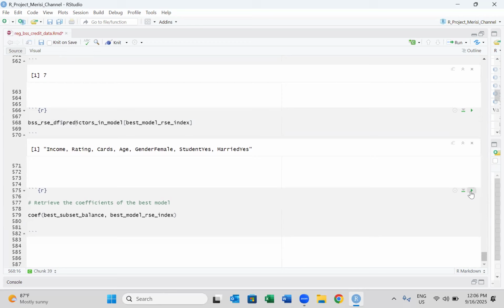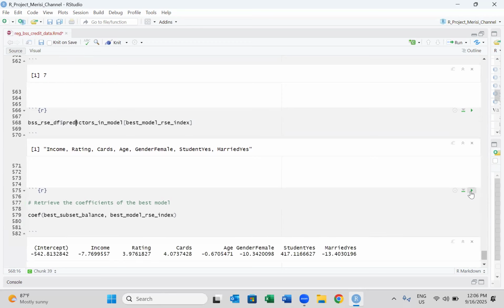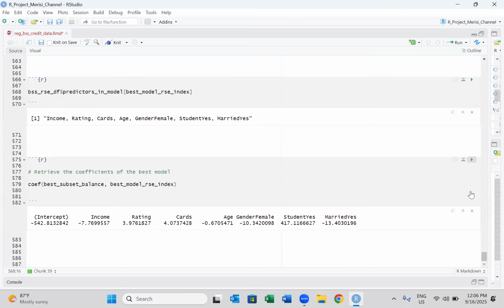Those are the coefficients for those 7 predictors. So again, what you conclude here is that after applying best subset selection based on RSE, the proposed final regression solution is the one that includes these 7 predictors with these coefficients.